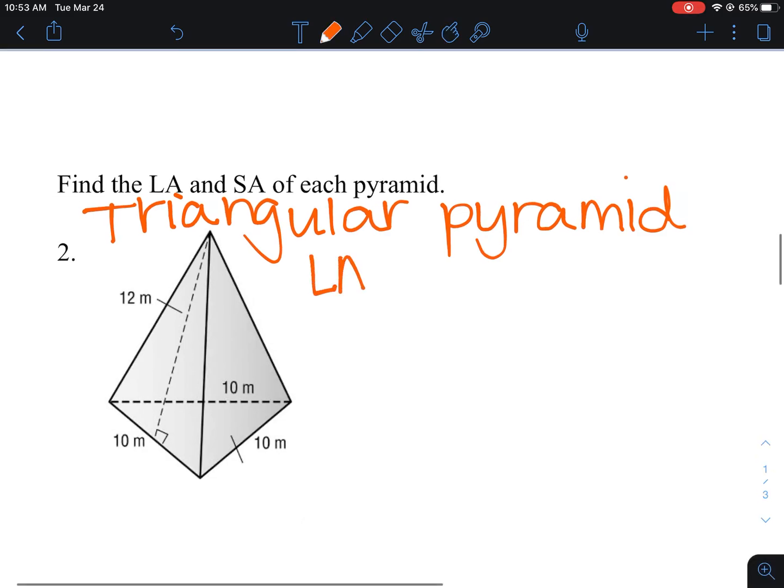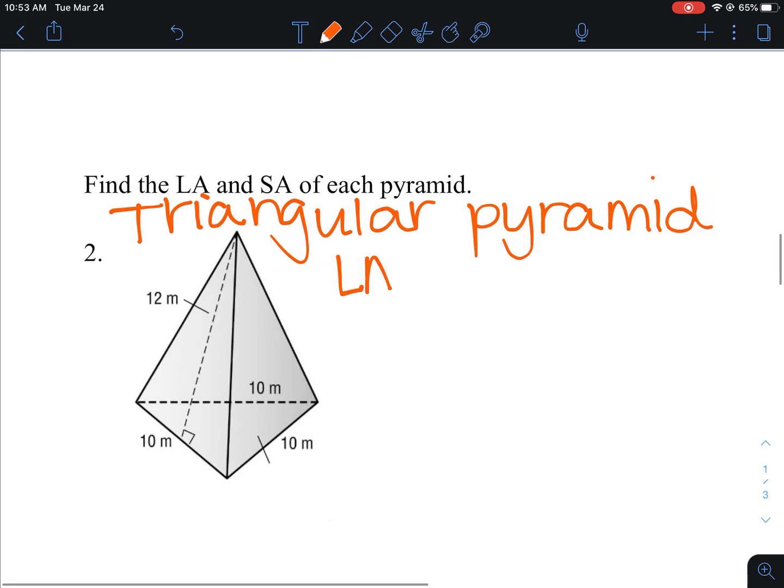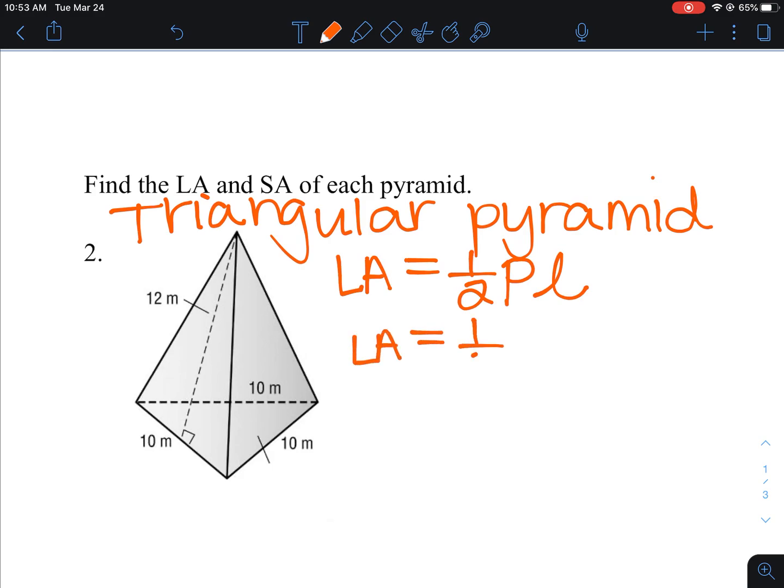Okay, so let's find lateral area. Remember, it is 1/2 perimeter of the base times the slant height. It tells us all three sides of that base are 10, so the perimeter of that base would be 30.